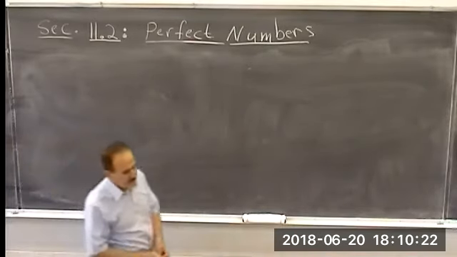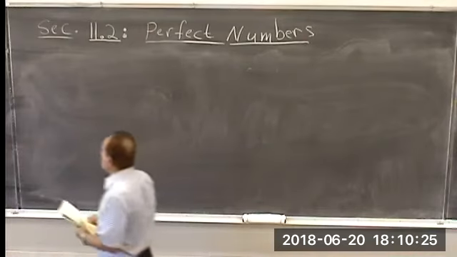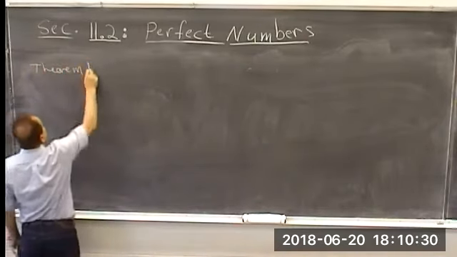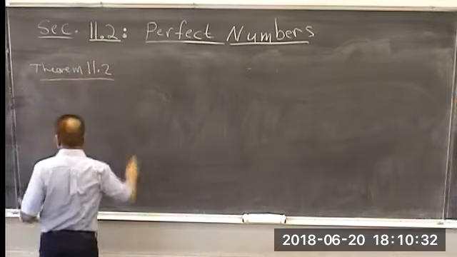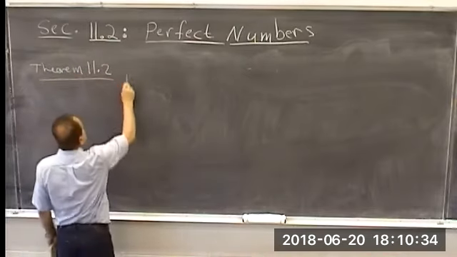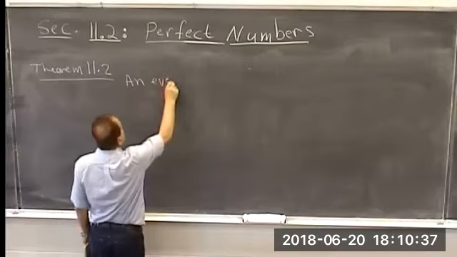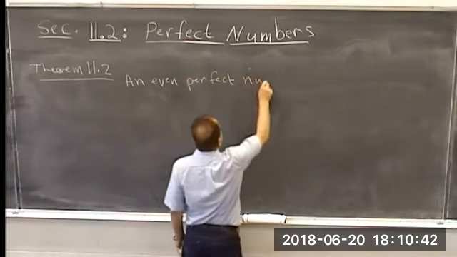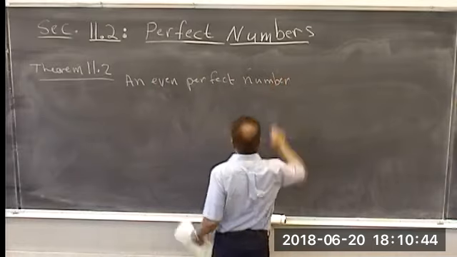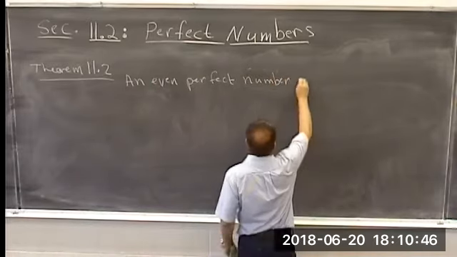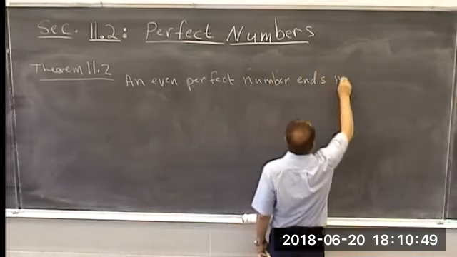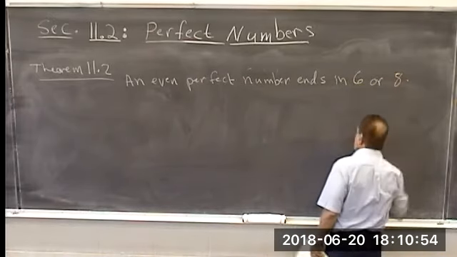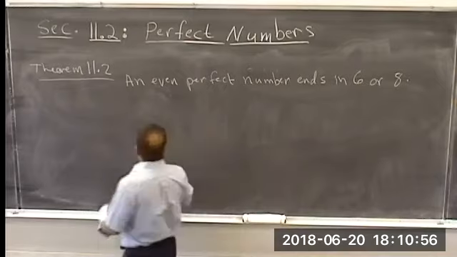The first one is theorem 11(2), and it says that an even perfect number ends in 6, meaning its units digit is 6 or 8.